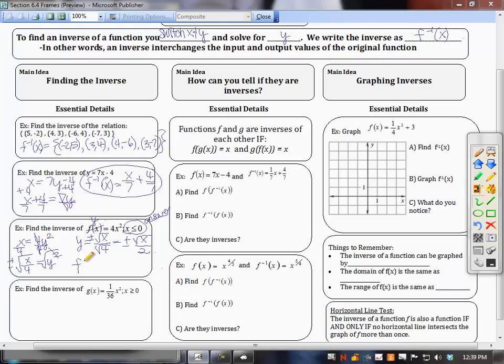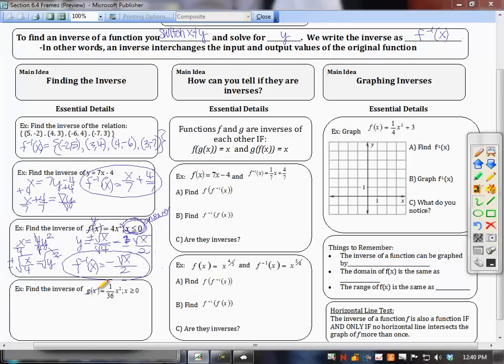So my inverse is f inverse of x equals, and I want to go back now to this one. This says make x less than or equal to 0, which means I want the -1. So I don't want to say plus or minus, I just want the negatives. So I have the negative square root of x all divided by 2. And this is our inverse. So at the end is when we decide, do we want the positive or the negative based on what we've got.